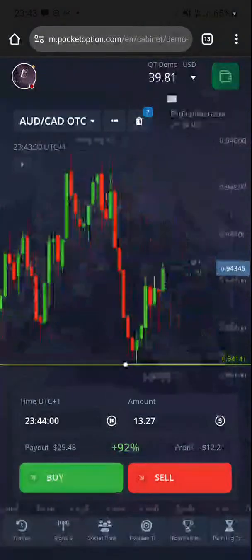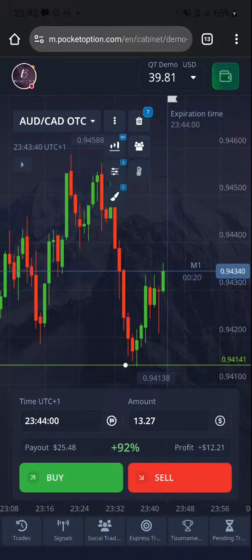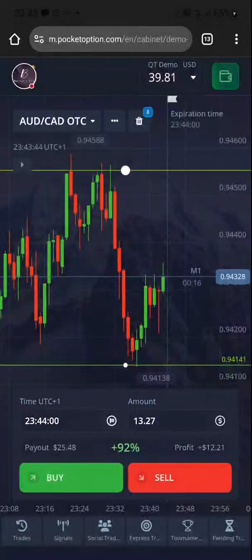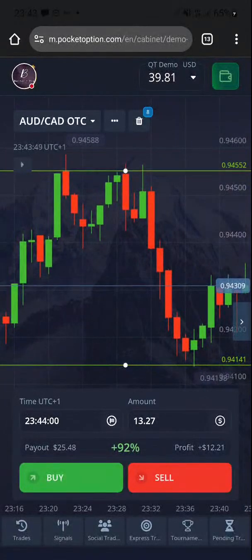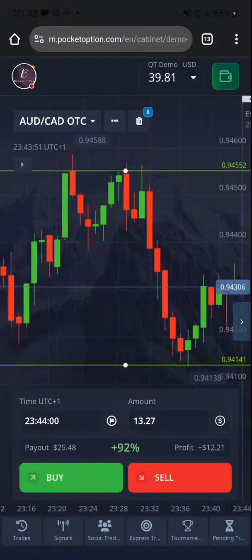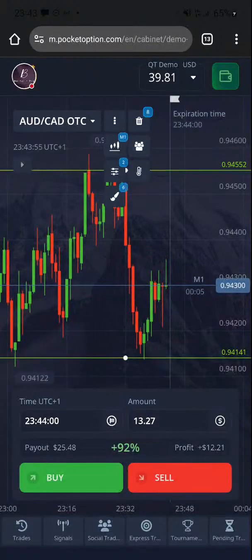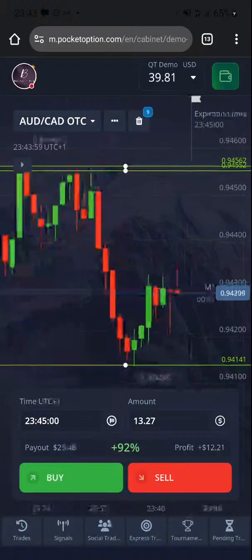Now, let me tell you guys one thing. Anytime you are in the market and you've made a certain amount and it's more than 50% of your balance, leave the market. I always say it. The reason is that the more you continue trading, the more the likelihood of you making a mistake, and when you make a mistake, it compounds very fast in trading.